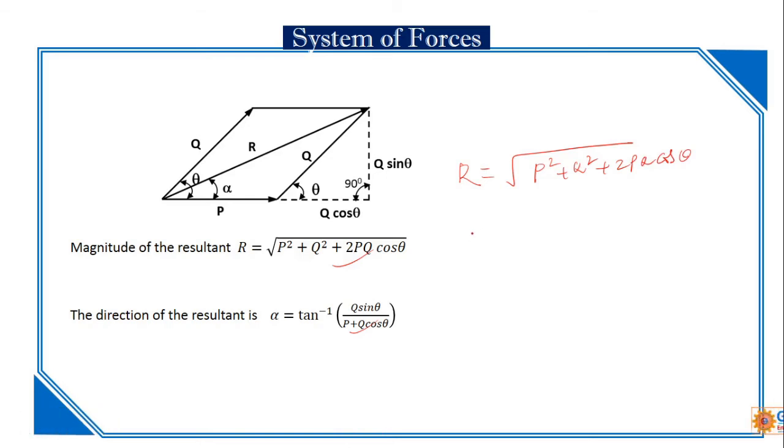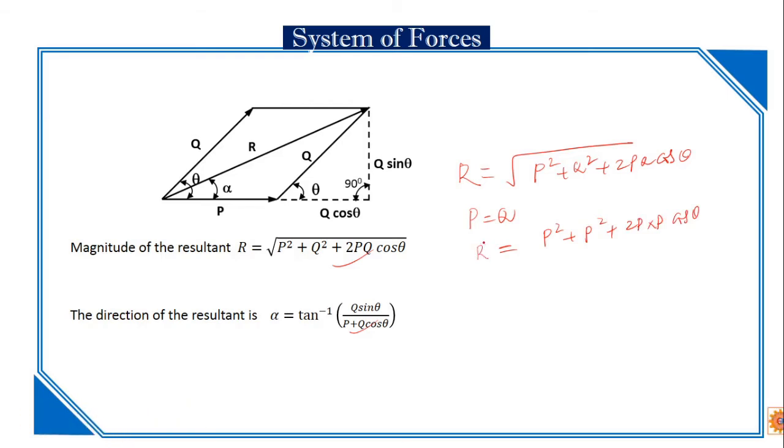Sometimes it may be given that P is equal to Q. Then in that case, this becomes P square, and I will substitute Q as P, and this is 2P into P cos theta.